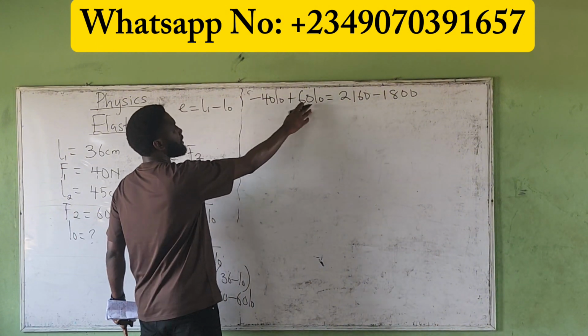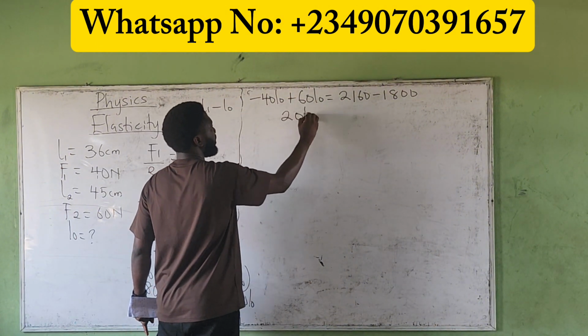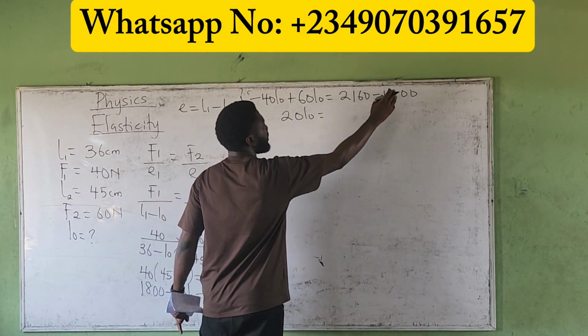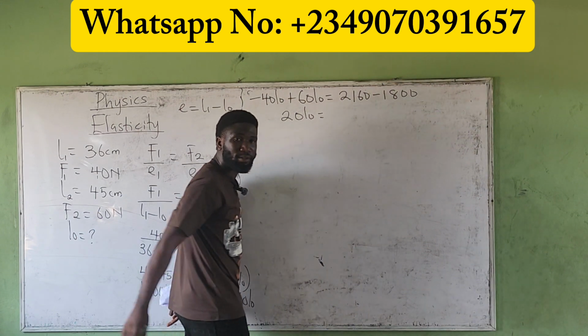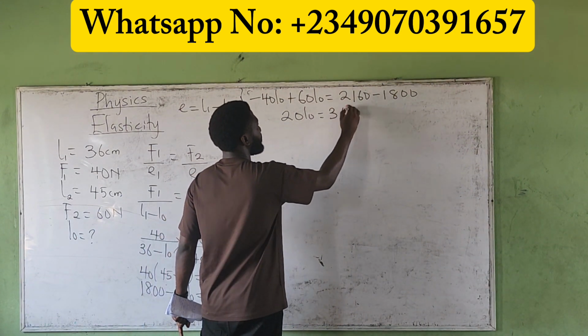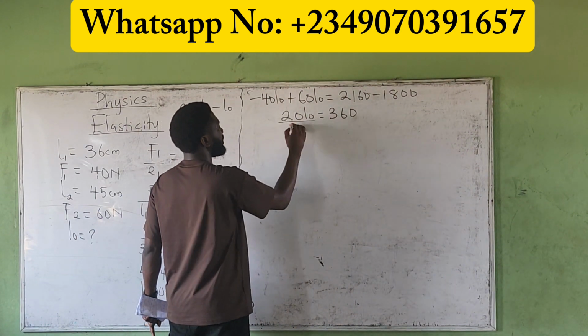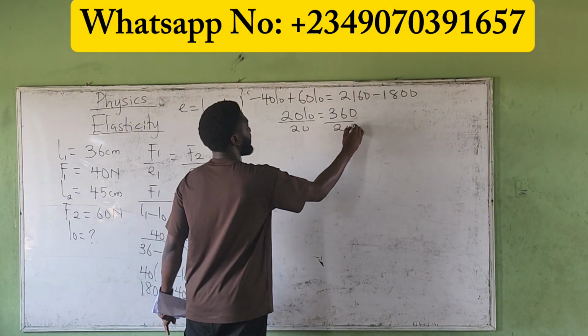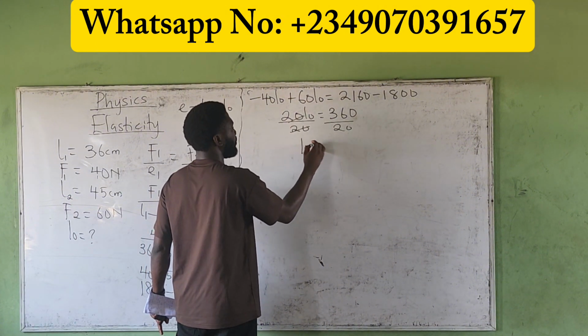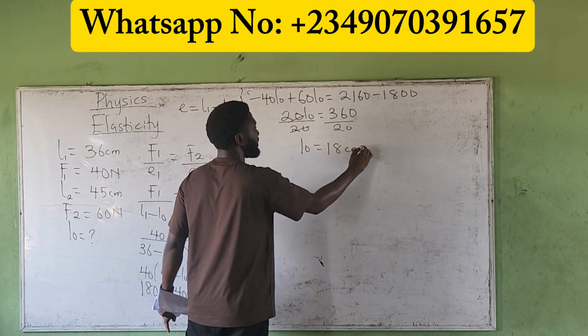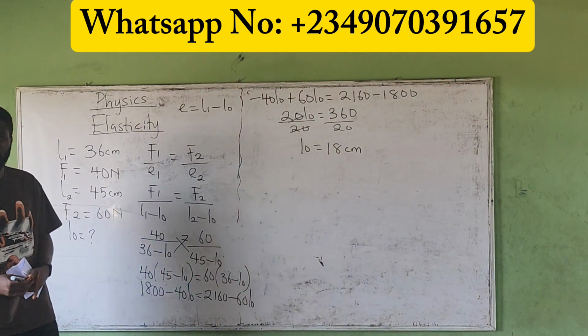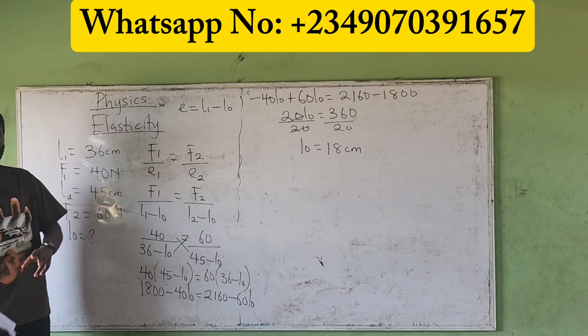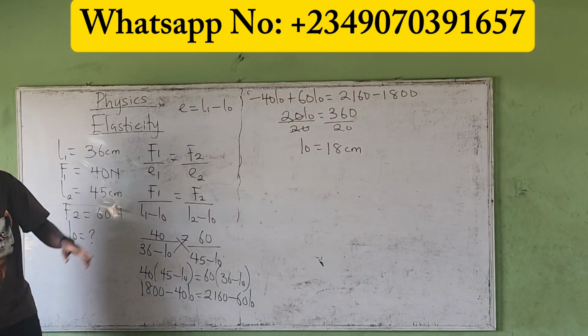So minus 40 plus 60 is 20 L0 equals 2,160 minus 1,800, which is 360. If you divide both sides by 20 now, L0 will give us 18 centimeters. Do you get that? So the original length of the material is 18 centimeters.